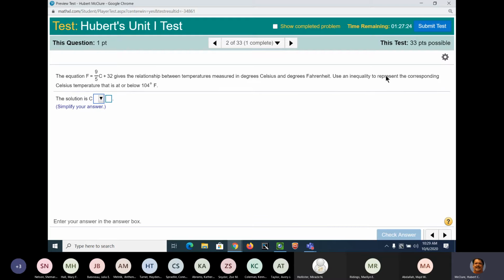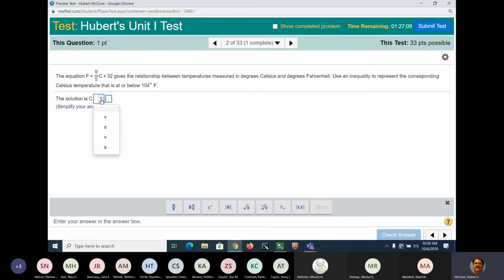Well, that's 40 degrees. The corresponding Celsius temperature is 40 degrees Celsius, that is at or below 104. So I'm a little bit confused on what they want. It says below is at or below, so that's going to be that right there.